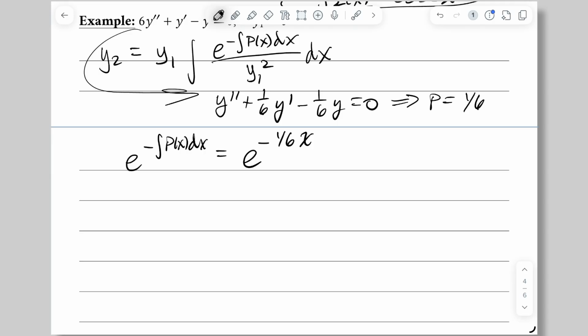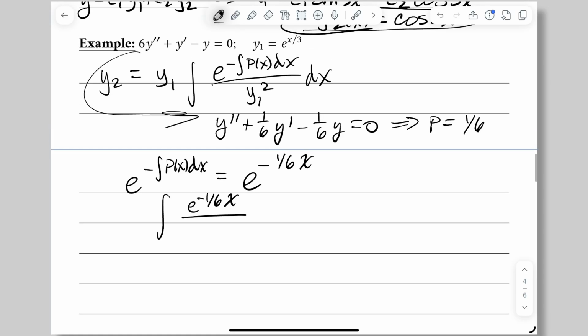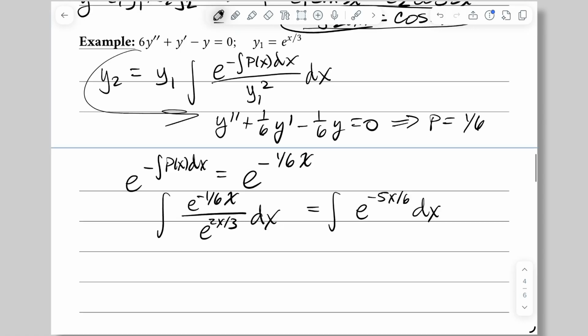Putting that into a fraction and that into an integral, we write the integral of e to the negative 1/6 x divided by, now, y1 squared. So divided by e to the 2x over 3 dx. Simplifying the exponential expression, we have the integral of e to the negative 5x over 6 dx.